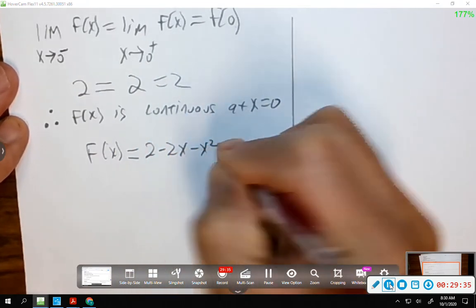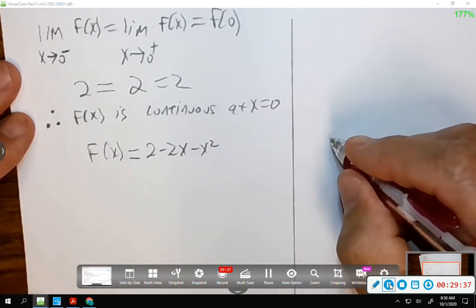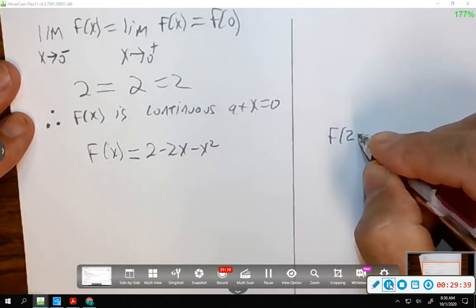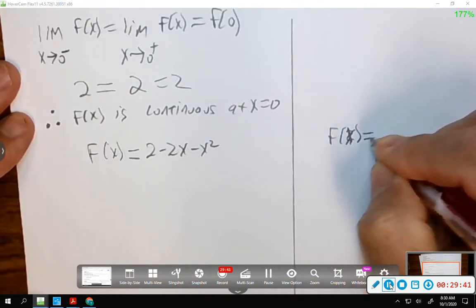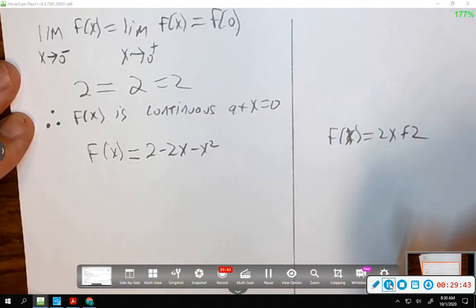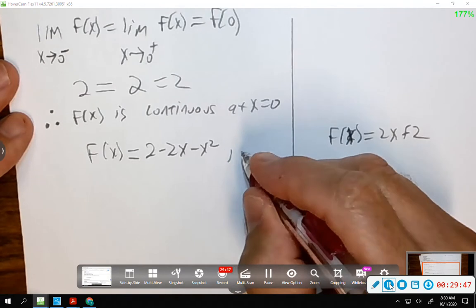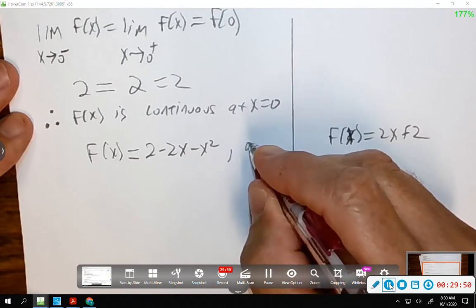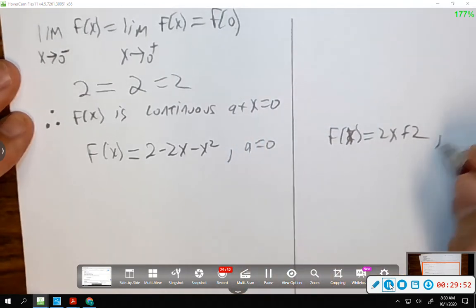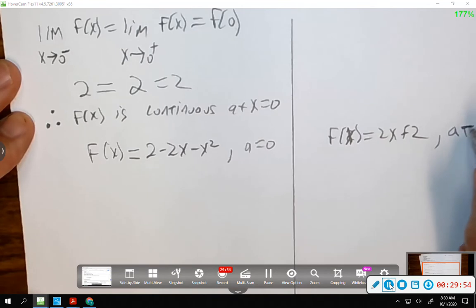On the right-hand side is 2x plus 2. I'm just checking the slope from the left versus the slope from the right. In both cases, I'm going to use an a value of 0 because I'm checking it when x equals 0.